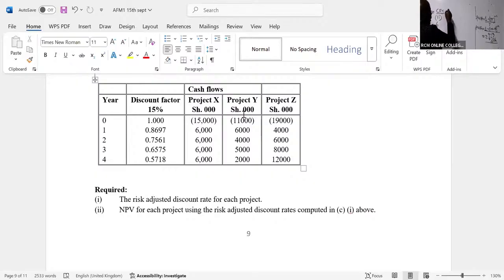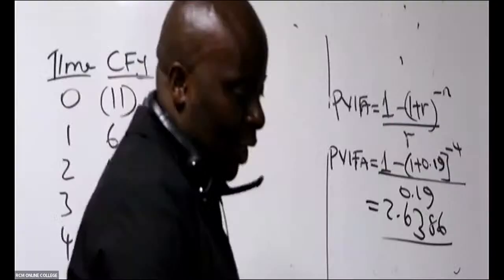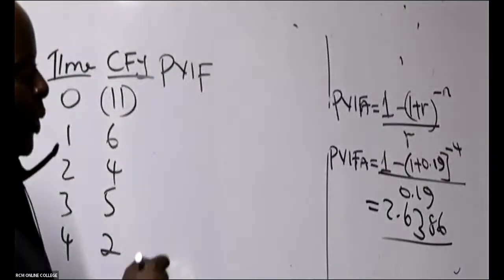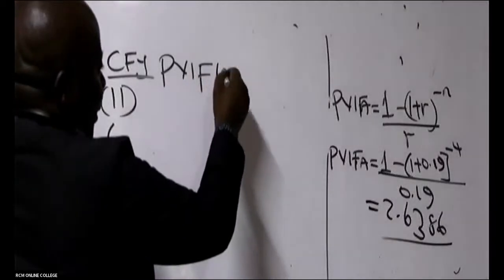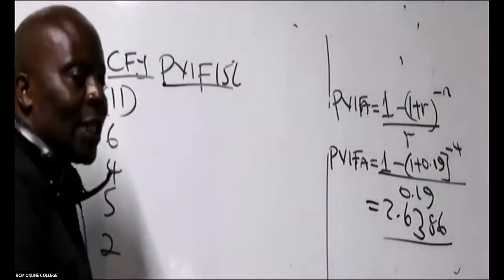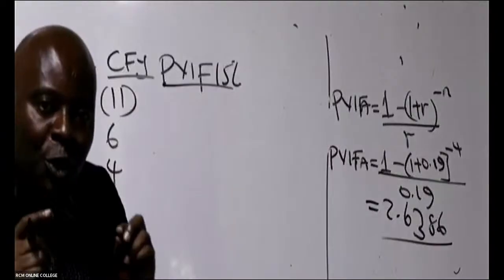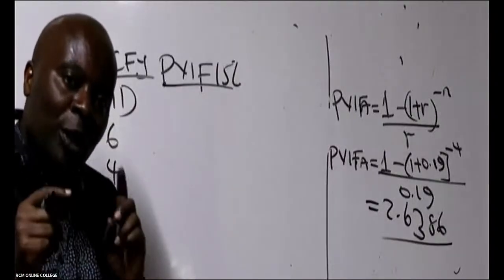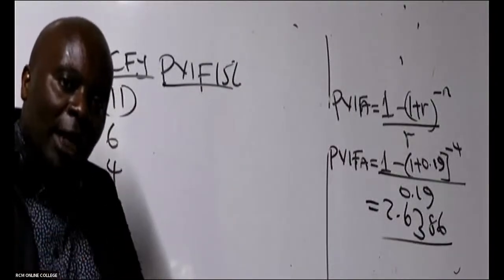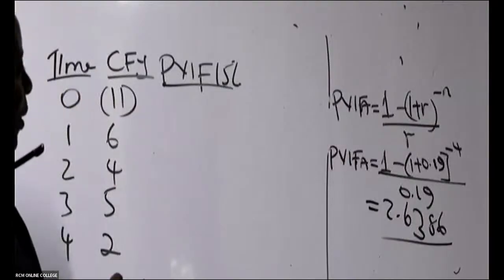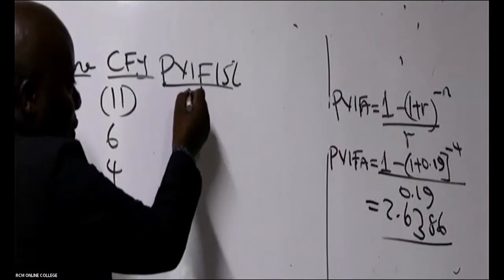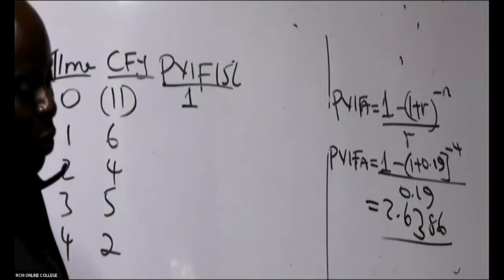Now remember, you can only use PV for this one. Project Y, we know we are using 15%. Before I start computing the PVs for each year, always go to your table and see whether your table has 15%. Of course, for time 0, PV is always 1. Let's go to our table.